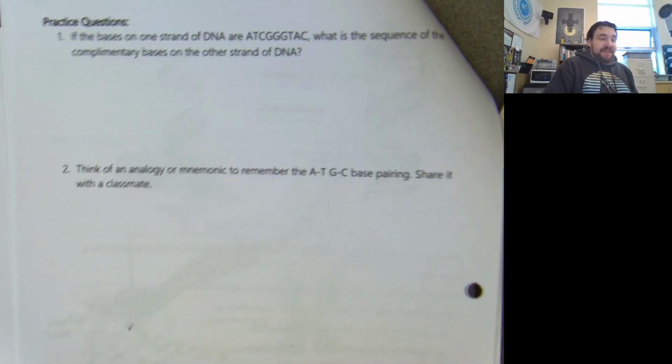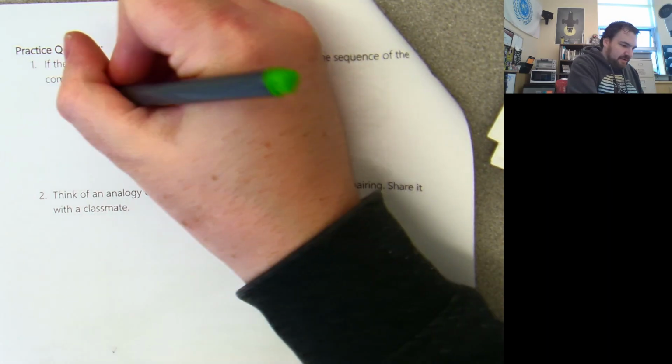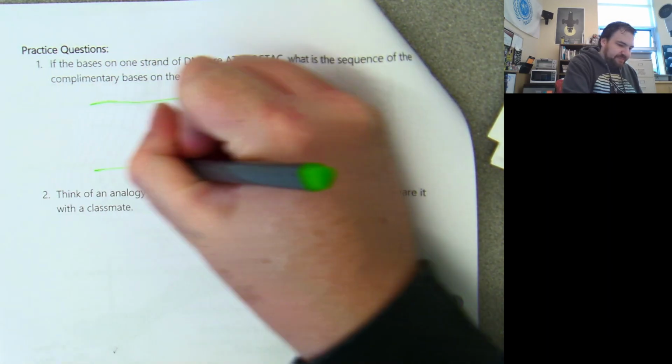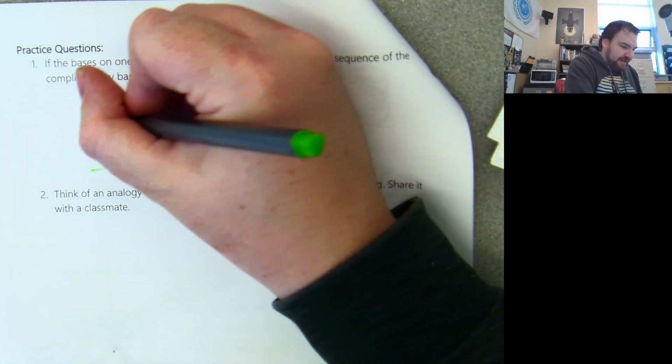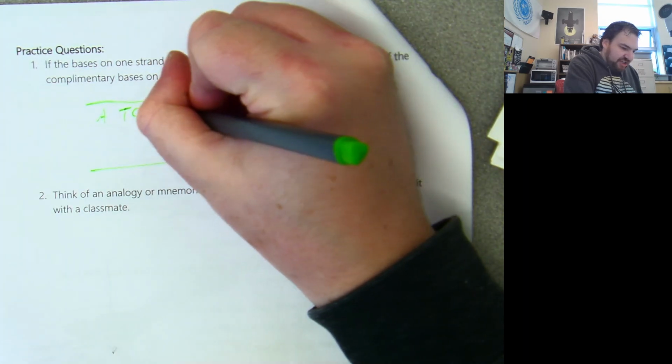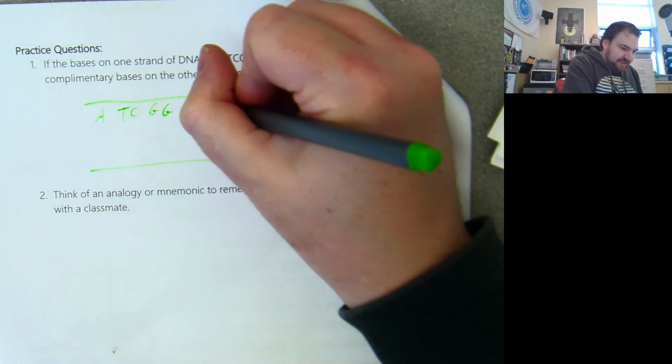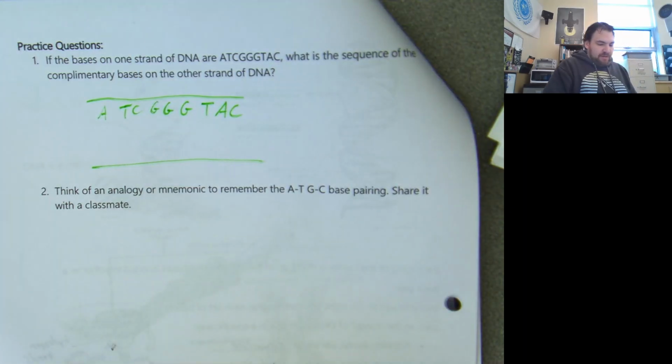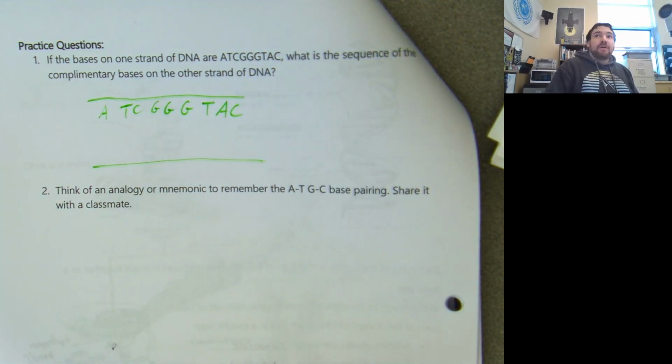So if I gave you something that looks like this, if the DNA sequence went A, T, C, this is just the question on the next page, G, G, G, T, A, C, then what would the corresponding opposite side of the DNA ladder say?